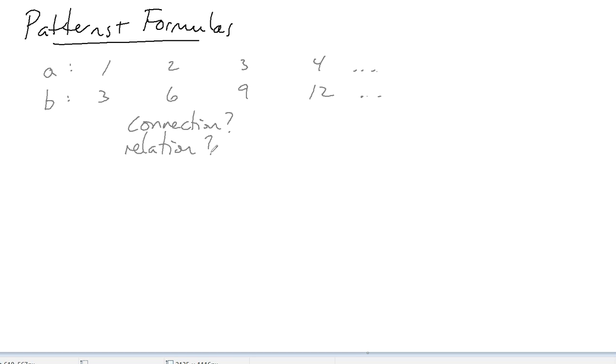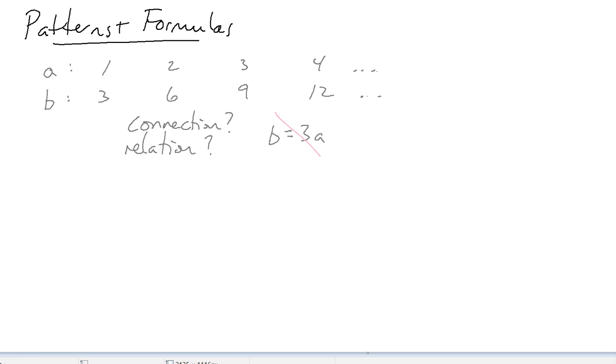One thing you might say is, oh, that's easy, B is equal to 3 times A. Well, that's not exactly what I'm asking you for. What I'm asking you for is what's the relation between them? How does one change compared to the other? I'm not asking for the formula. I'm asking for the relationship between them.